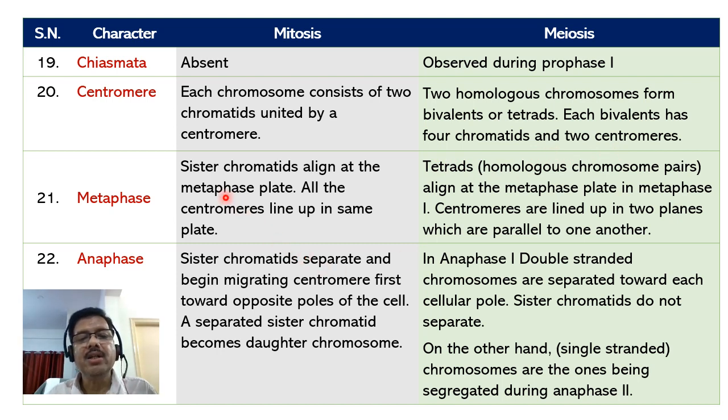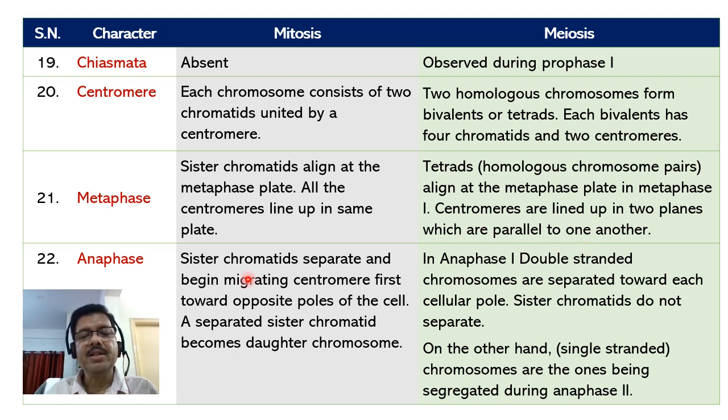In metaphase, sister chromatids align at the metaphase plate. All the centromeres line up in the same plate. Whereas in meiosis, tetrads align at the metaphase plate 1 in metaphase 1 and the centromeres are lined up in 2 planes which are parallel to one another.